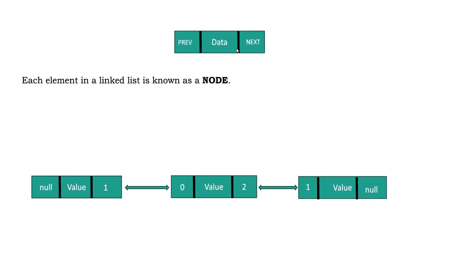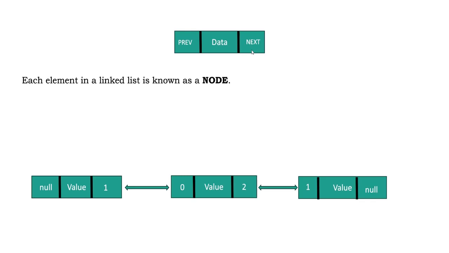Whatever element is stored in this fashion, the data will be stored at the center, the previous address will be stored on one side, and here it stores the next node address. The previous and the next I'm talking about are node addresses.